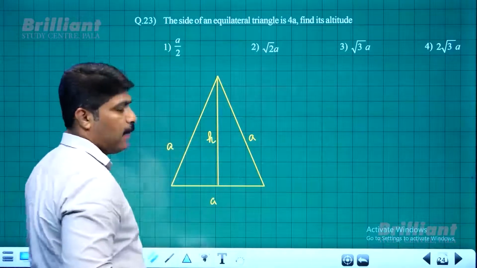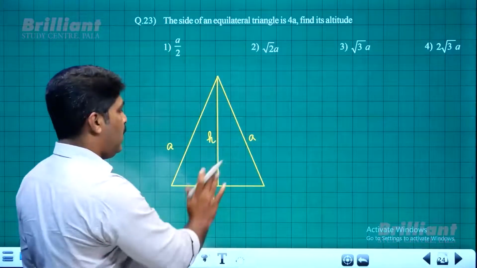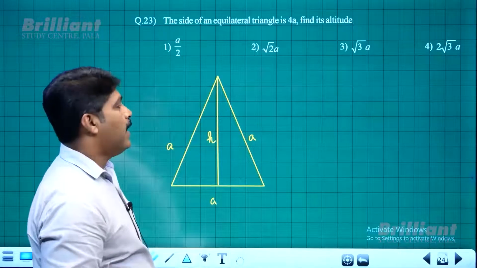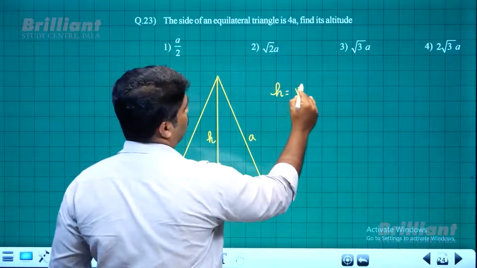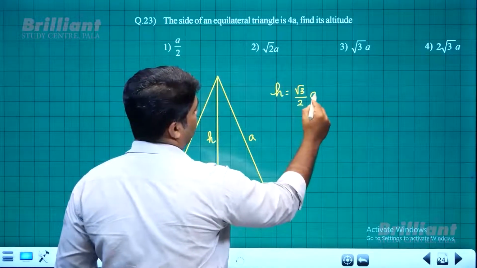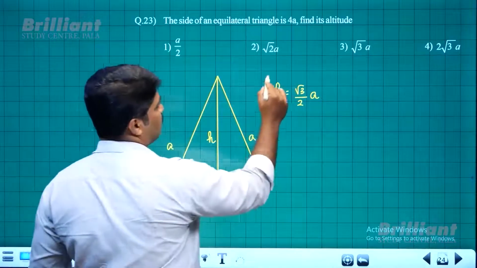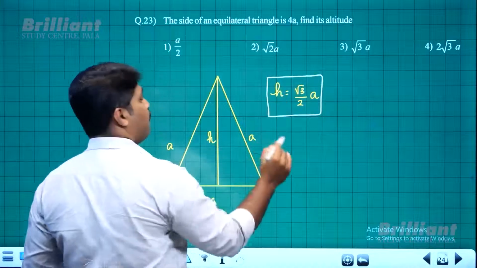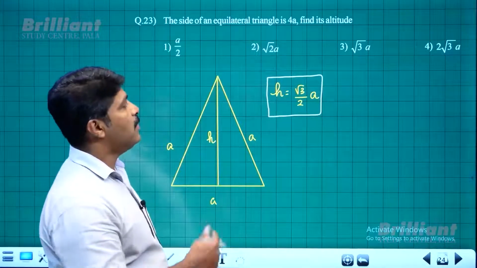Got it? So what is the relationship between this height and a? Here height is equal to root 3 by 2 a. This is the relationship, because usually we express the side of an equilateral triangle as a, then its height is root 3 by 2 a.